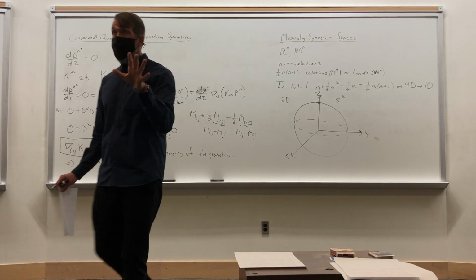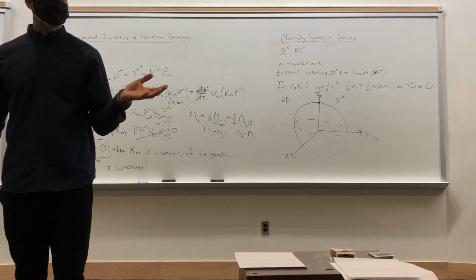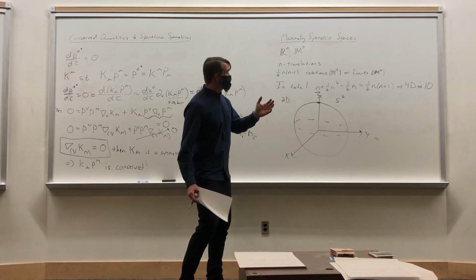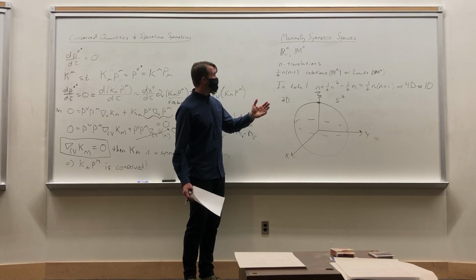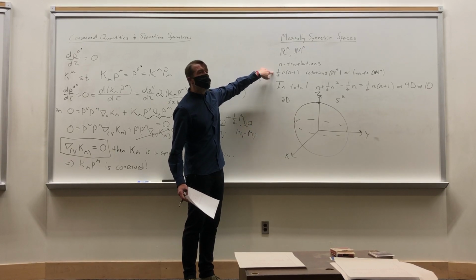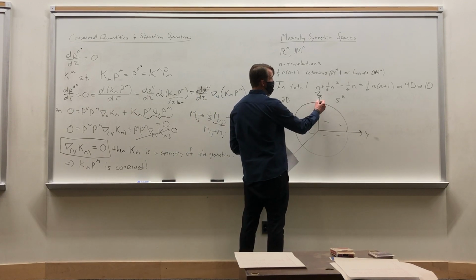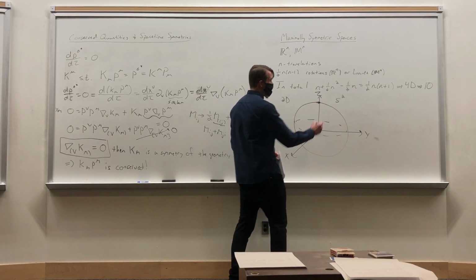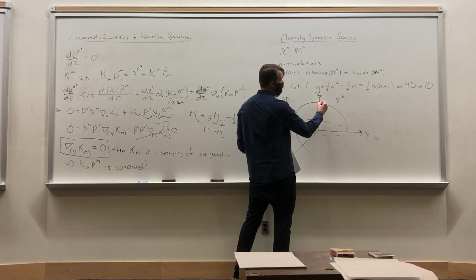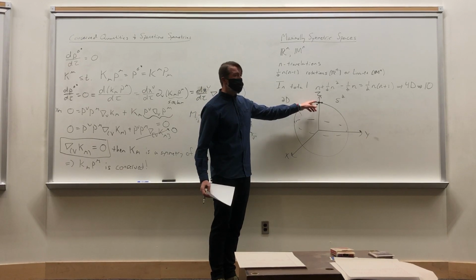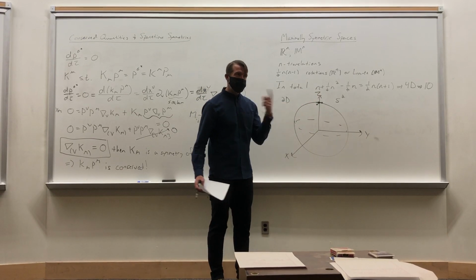So there's the immediate argument, hey, there are 3 symmetries. But remember, the symmetries should be related to 2 translations and 1 rotation. Well, here we go. If we go to the North Pole, then around the North Pole, a rotation around the y-axis or the x-axis is actually a translation, whereas a rotation around the z-axis is a true rotation.